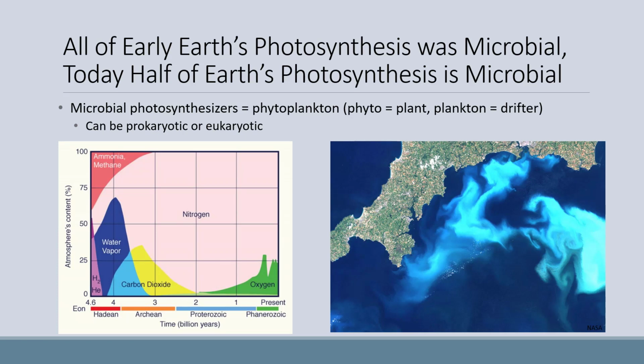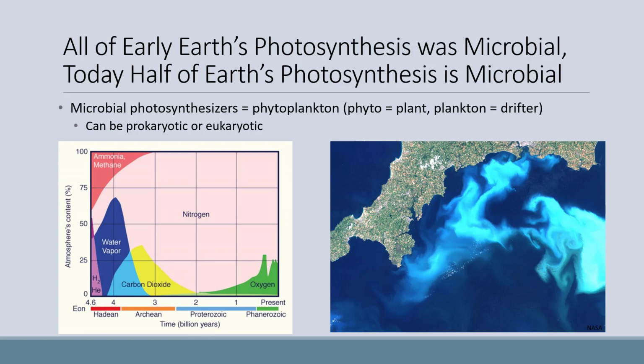Even though all photosynthesis was microbial in the past, a significant portion of photosynthesis is still microbial today. Microbial photosynthesizers are called phytoplankton, which literally translates to plant drifter. These microbes are single-celled organisms that float in the ocean and can't swim against currents, so they drift where the ocean takes them.